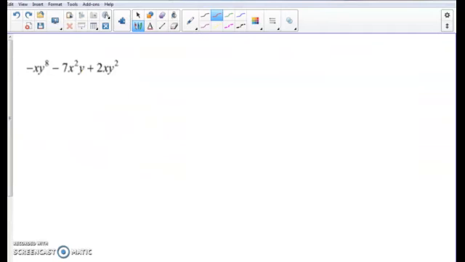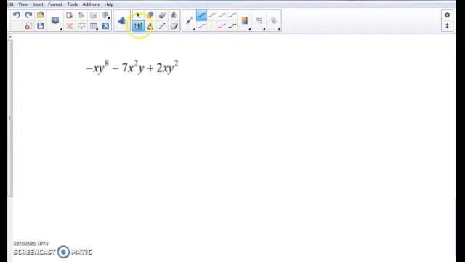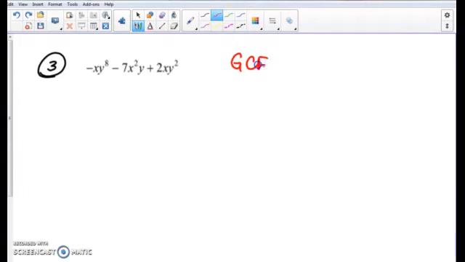Alright, example 3. Give some more room there. There we go. So we have negative x y to the 8th, negative 7 x squared y plus 2x y squared. So GCF again. So if we look across here, we look at just the numbers in front.